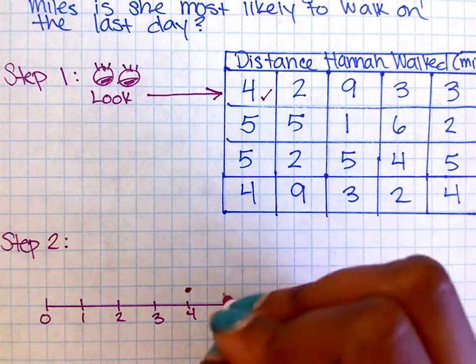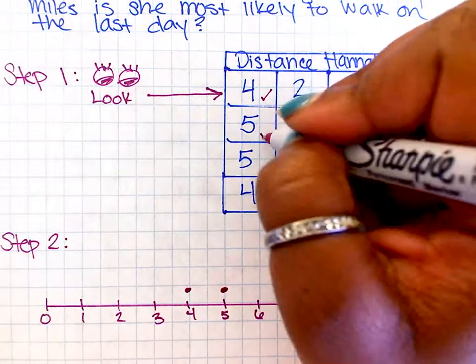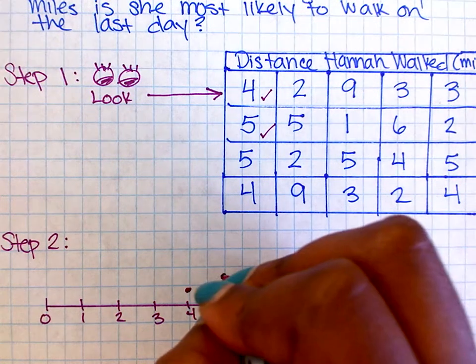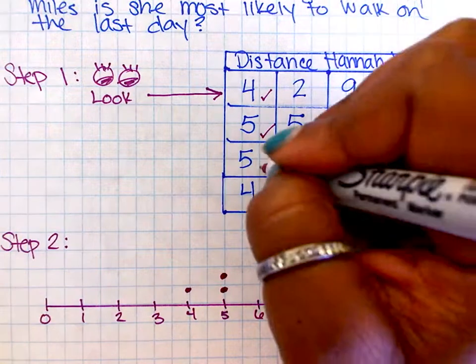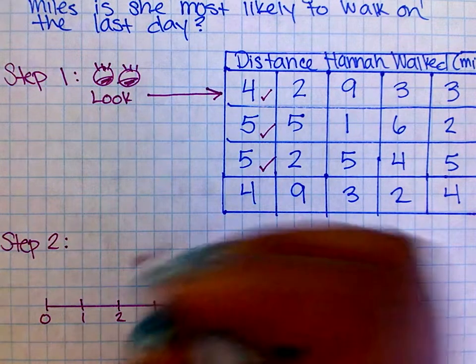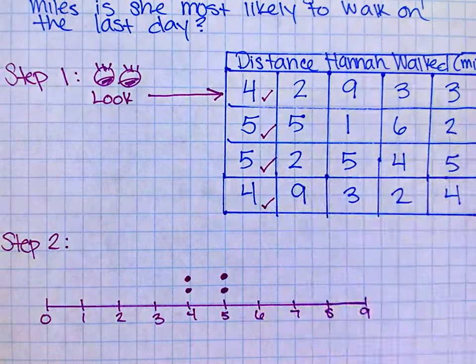My next one is 5. So I'm going to put a dot over the 5 and check that one off. I have another 5, so I'm going to put another dot above the 5. Check that off. I'm going to put a 4 and check that off.